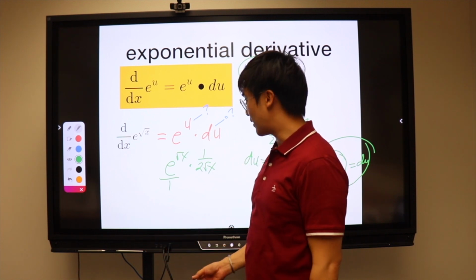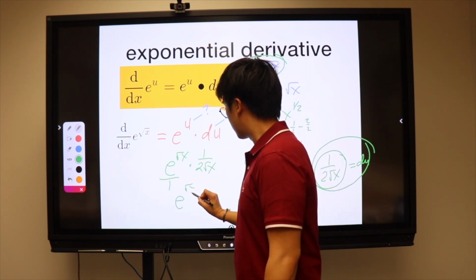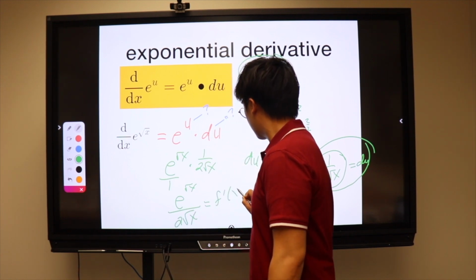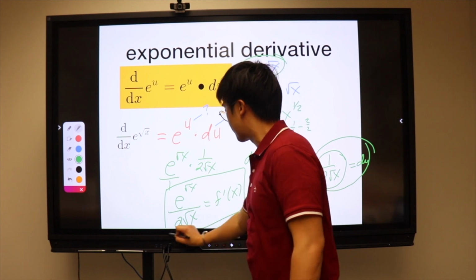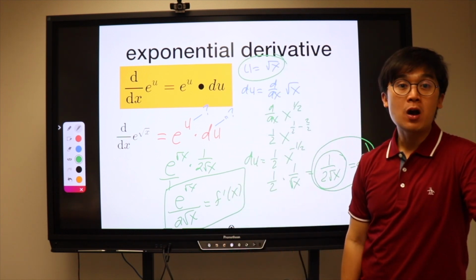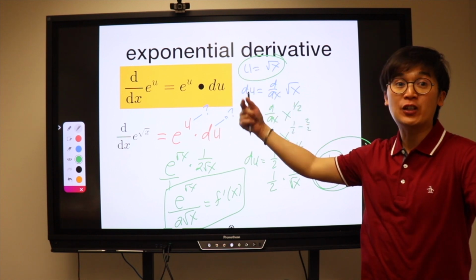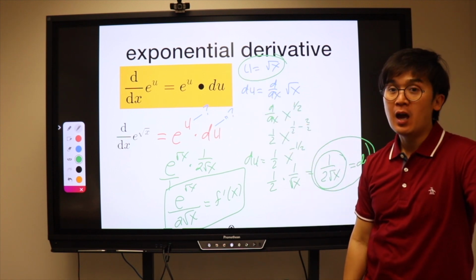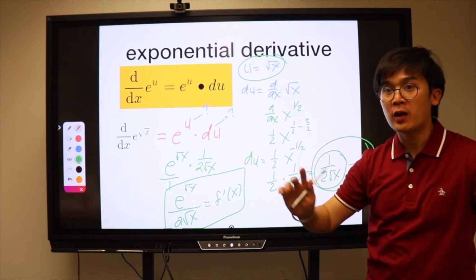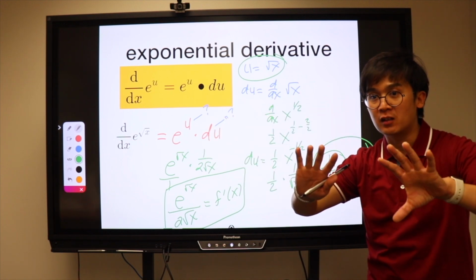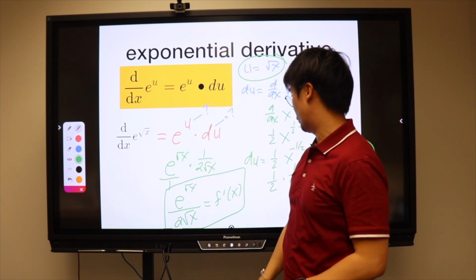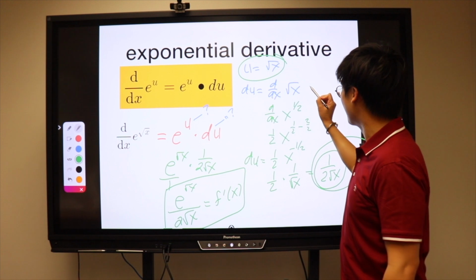So if we combine this, you have that. So that is how you work out and use your formula. Write the u, find the du, and then put them back together just like what the instruction is asking you to do. So the challenge here is this.